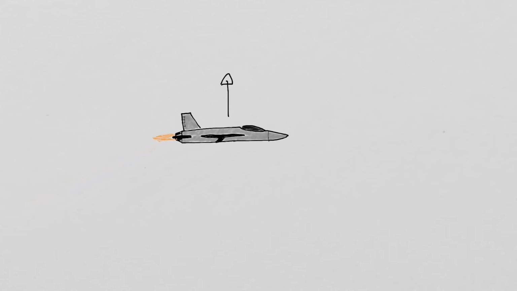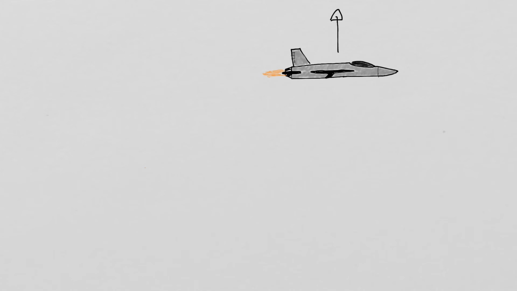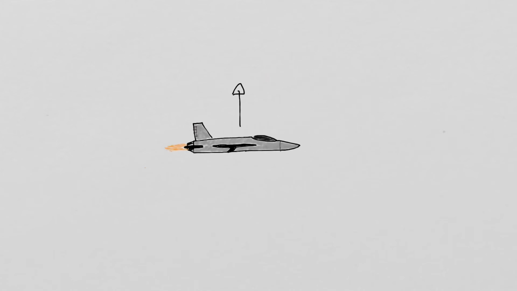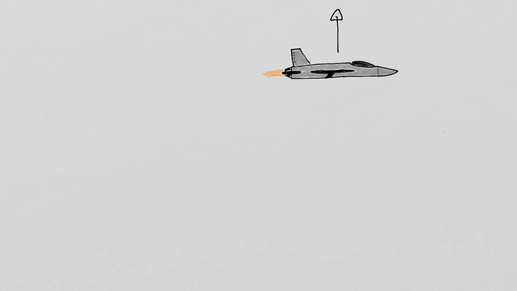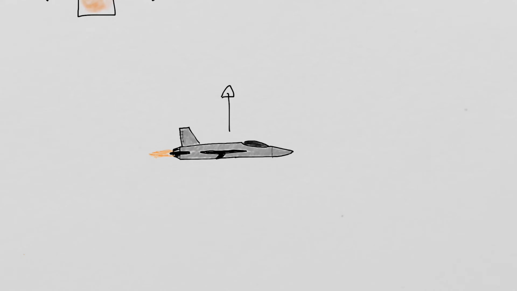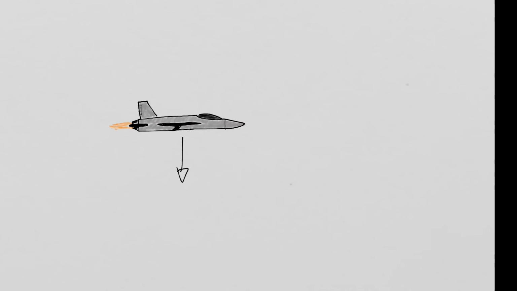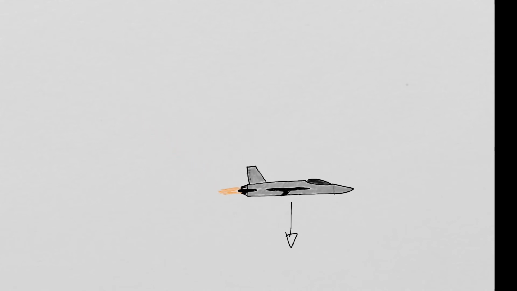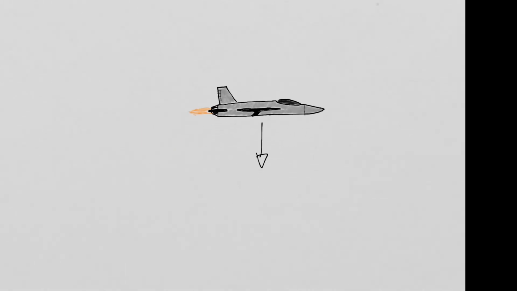It will no longer be moving in a straight line, it will start to move upwards. Now if I replace this upward force with a downward force, you can probably tell me which direction the plane will move in. Clearly it will start moving downwards, it will change direction downwards.